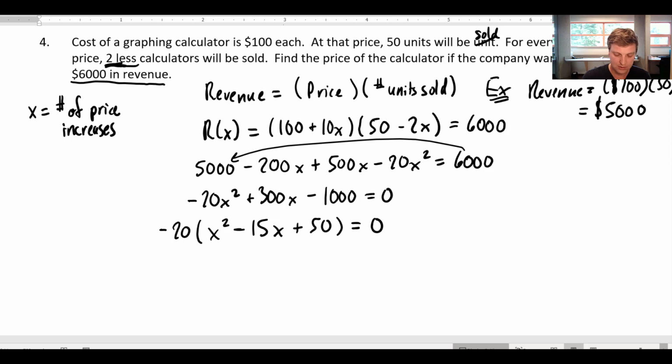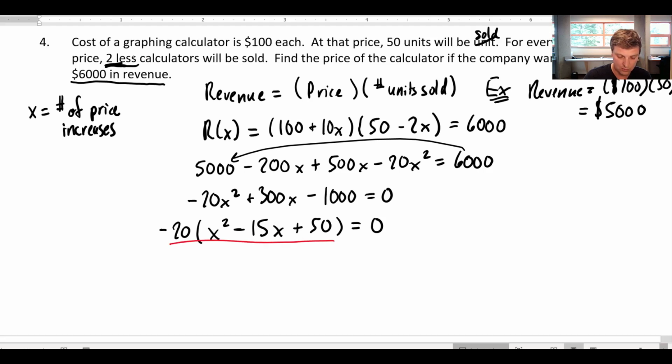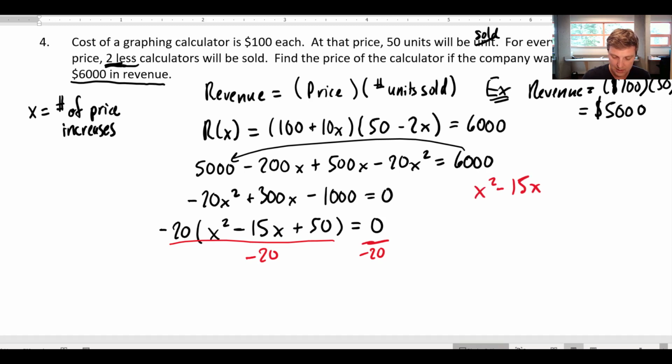And that equals 0. I can then just cancel this negative 20 out by dividing both sides by negative 20, and I end up with this nicer looking x squared minus 15x plus 50 equals 0.